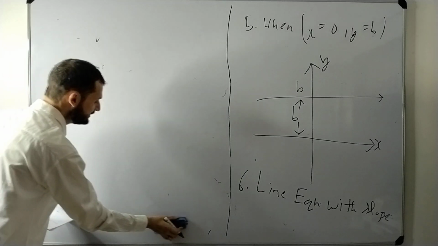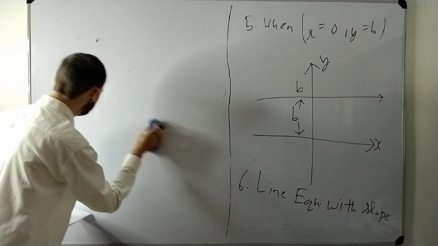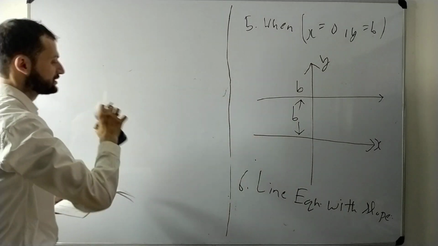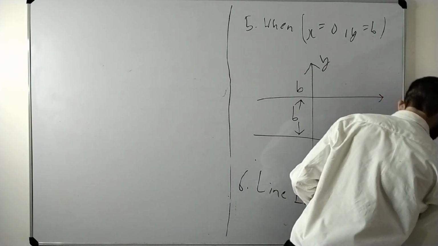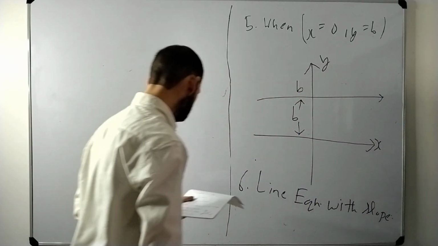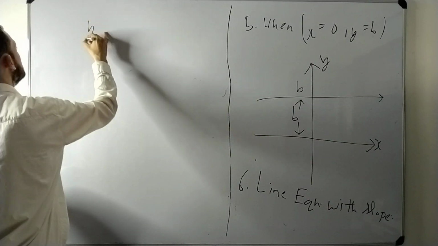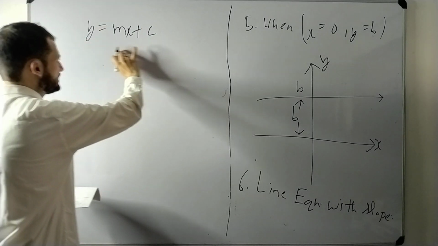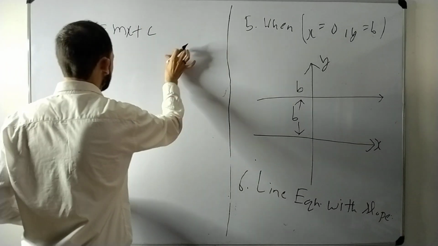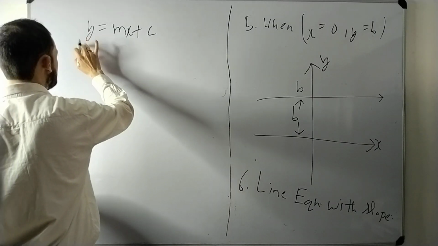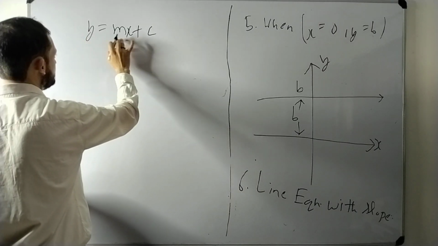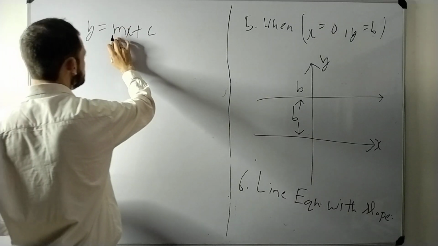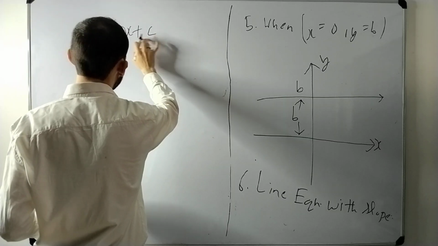Now you would say, sir, we have already dealt with it. Yes, you have, but not so much into our account. So the line equation says y = mx + c. This is the general line equation for y coordinate. For every y coordinate, x remains a coordinate, m happens to be its slope, and c is the intercept or constant along the y.